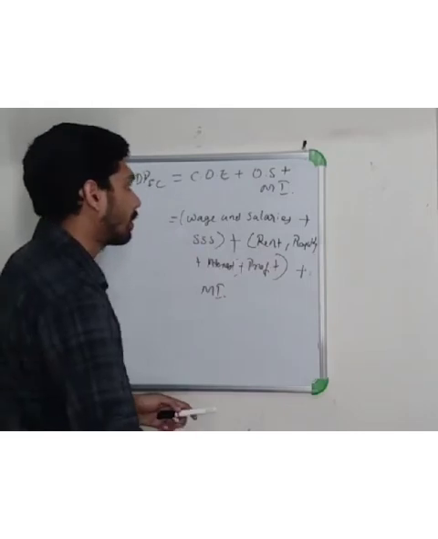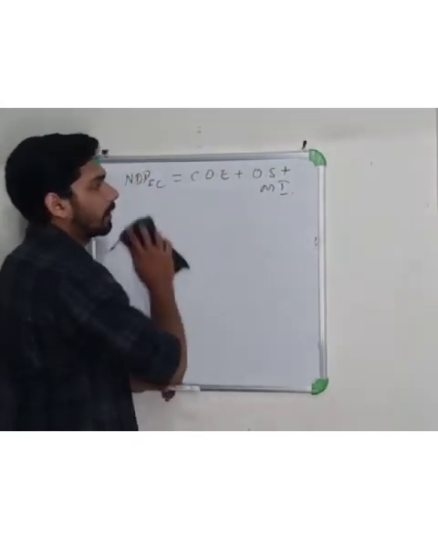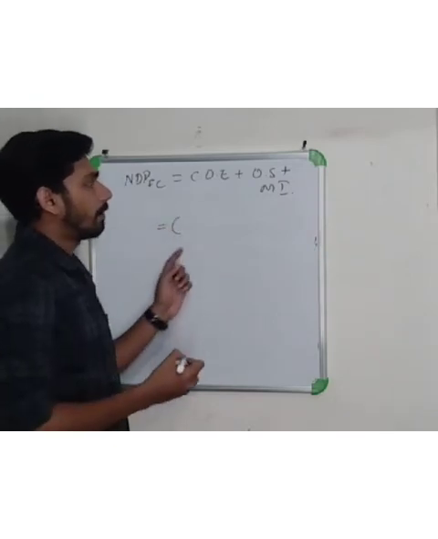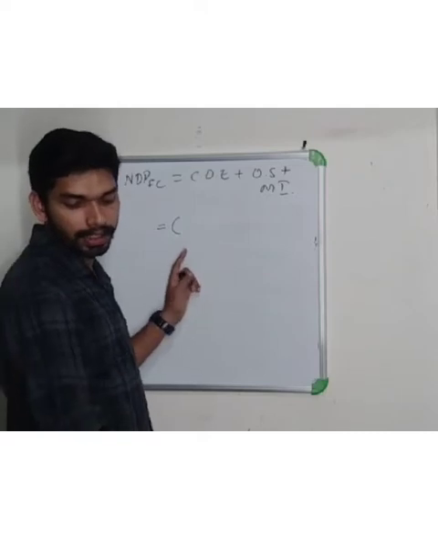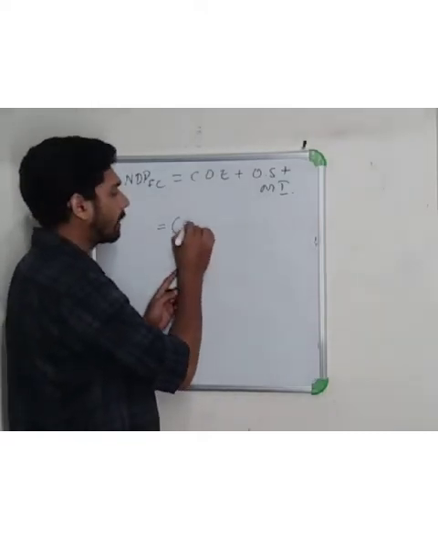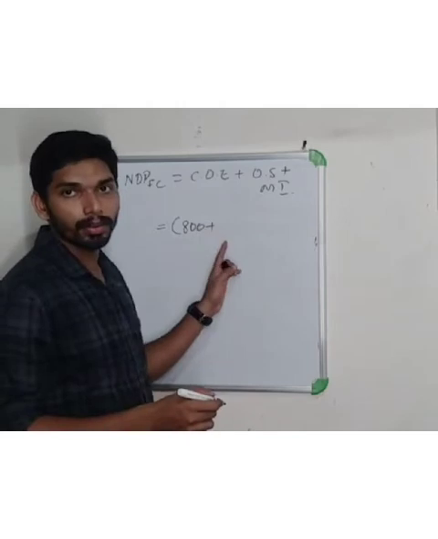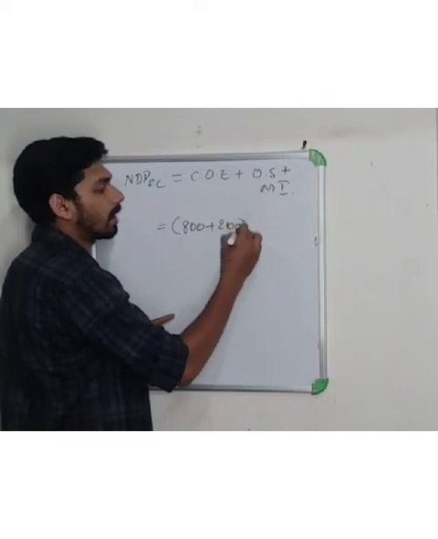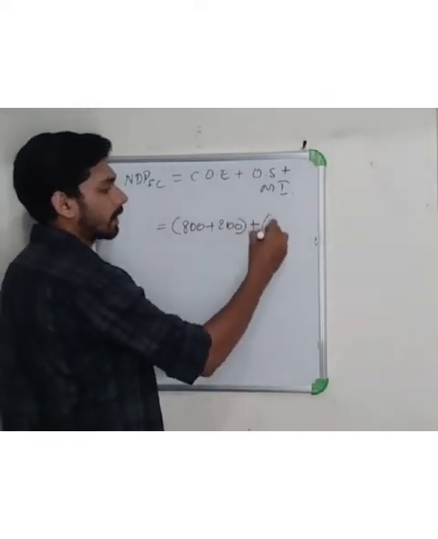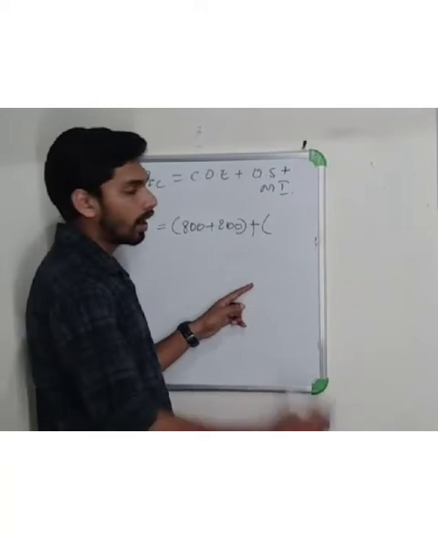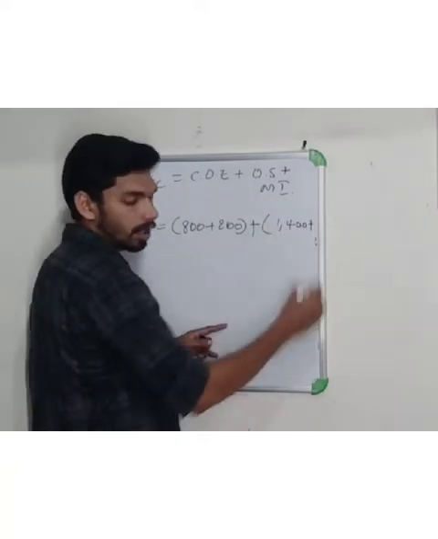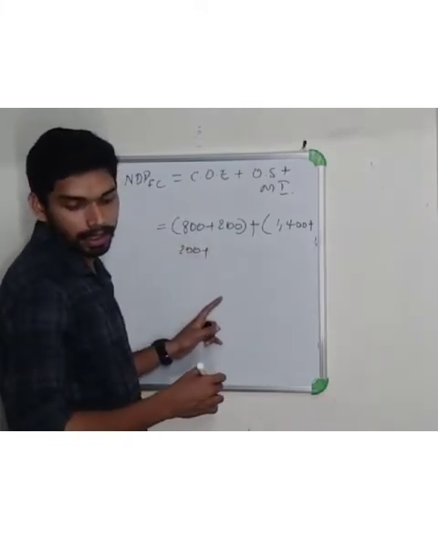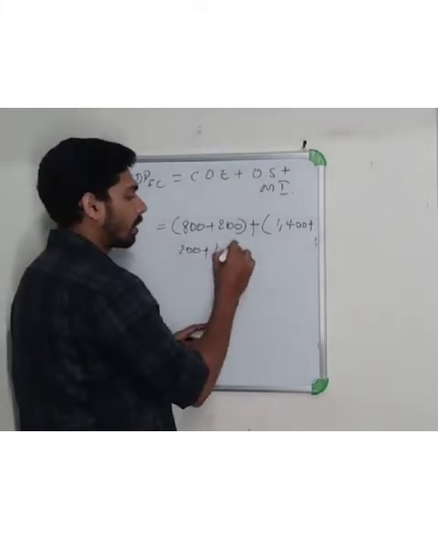Wages and salary is 800, plus social security schemes is given, that is 200, plus operating surplus. Rent is given 1400, plus royalty is 200, plus interest is given.